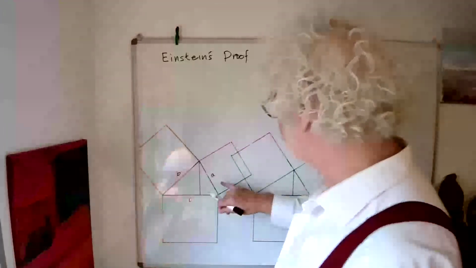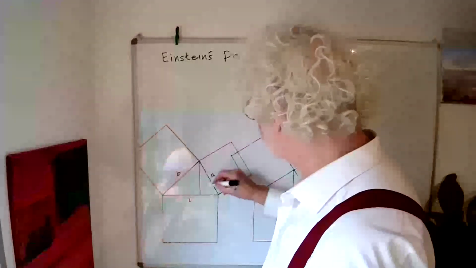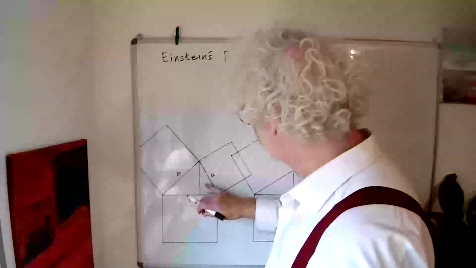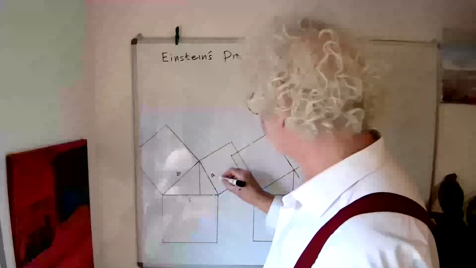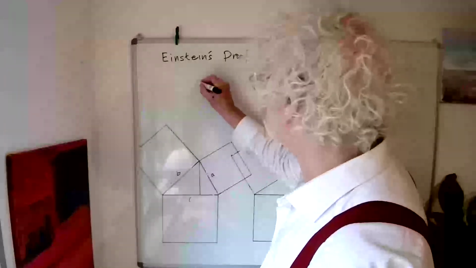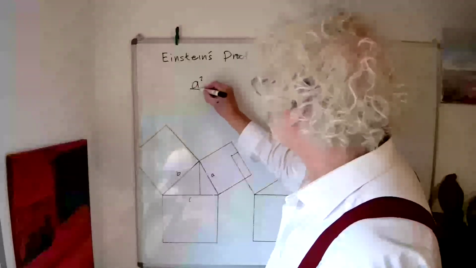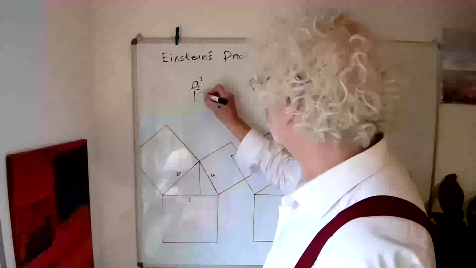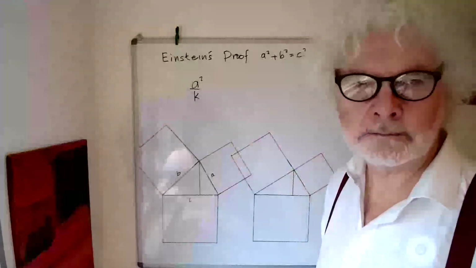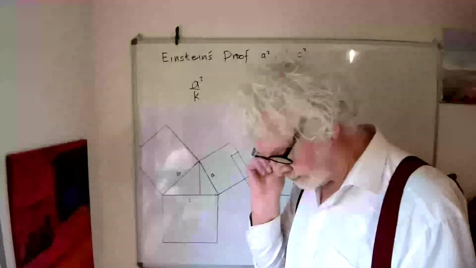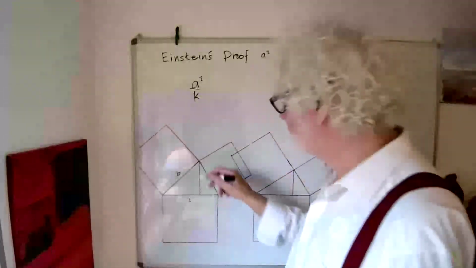And I can write the area of this smallest triangle by saying that its area is equal to a squared divided by some number k, say. And we can do the same for the other two triangles.